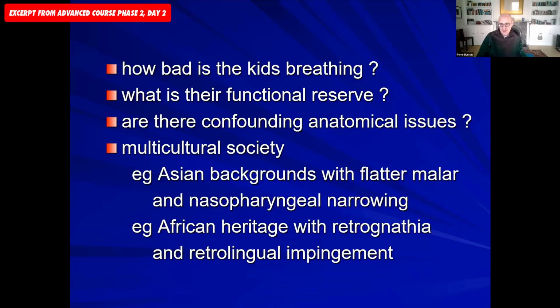The two common racial backgrounds that I see that have more confounding airway issues are, number one, patients of Asian background, where they have a flatter malar and consequently a narrower nasopharyngeal area. And the other, more recently, are those of African heritage, because they're often very, very tall, but they often have quite significant retrognathia, and as a consequence, retrolingual impingement.